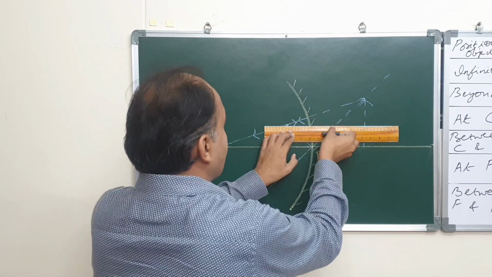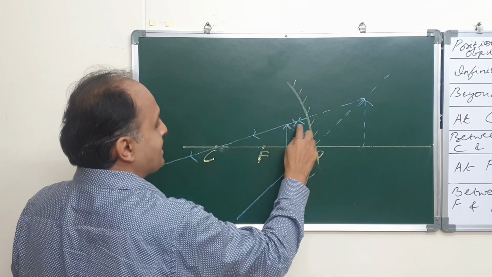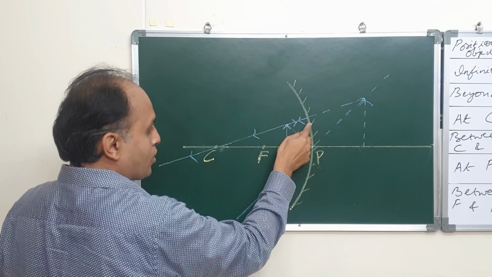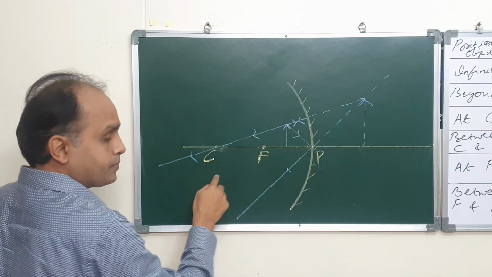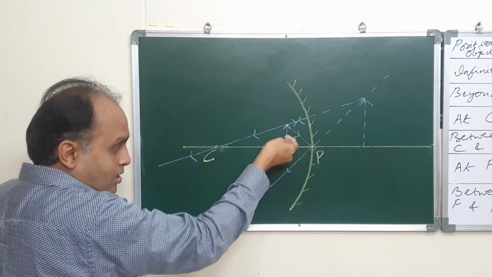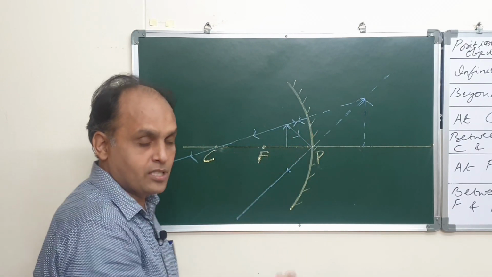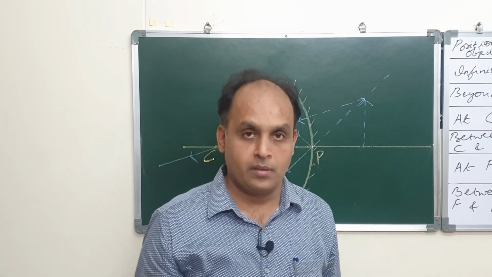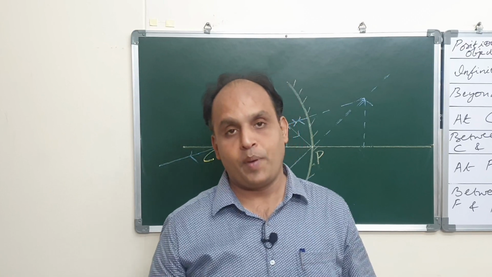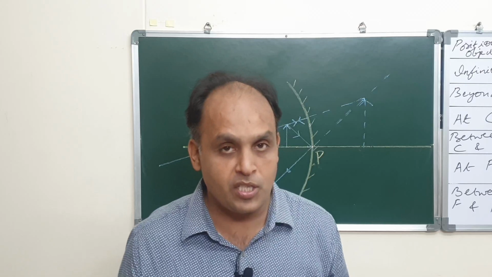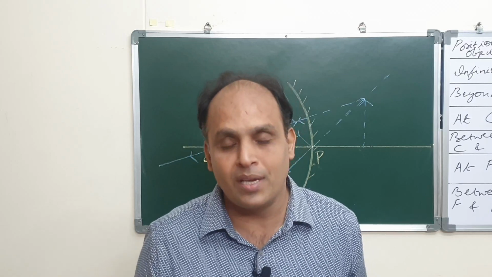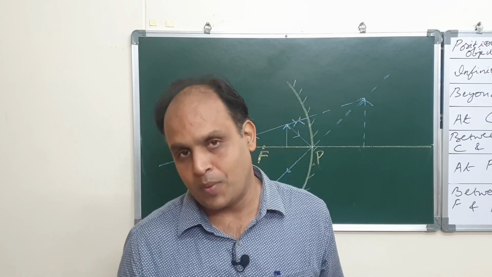Now after reflection, this ray of light should go through focus, means this way it should come. That means the ray of light should pass through the object, which is practically not possible. If we take an object which is opaque, the ray of light cannot pass through the object. So for this situation, we do not include the ray of light coming parallel to the principal axis.